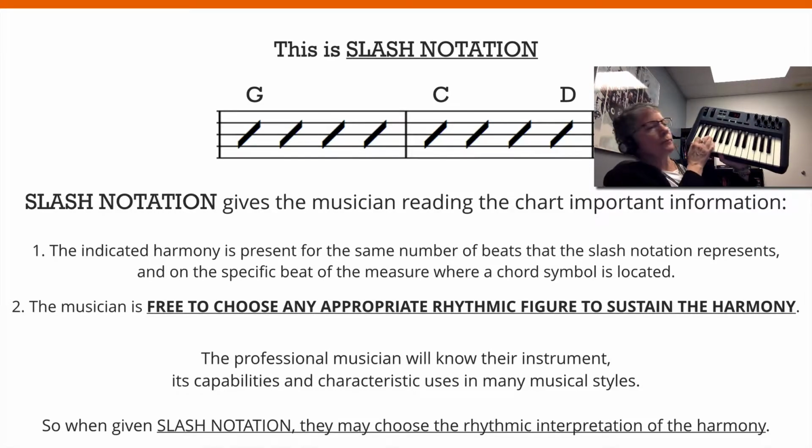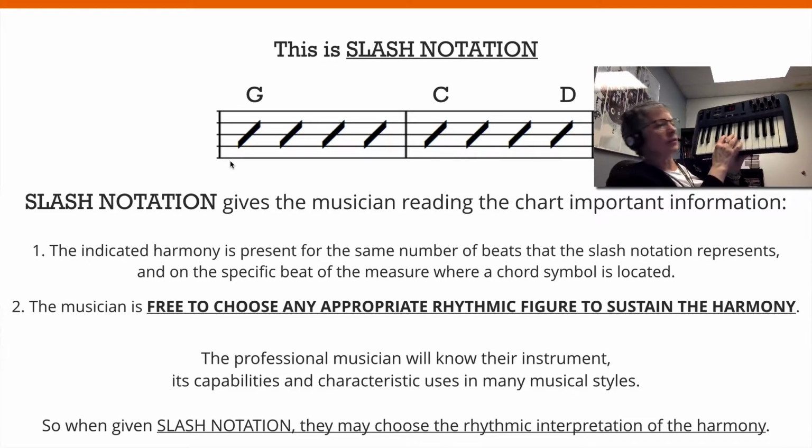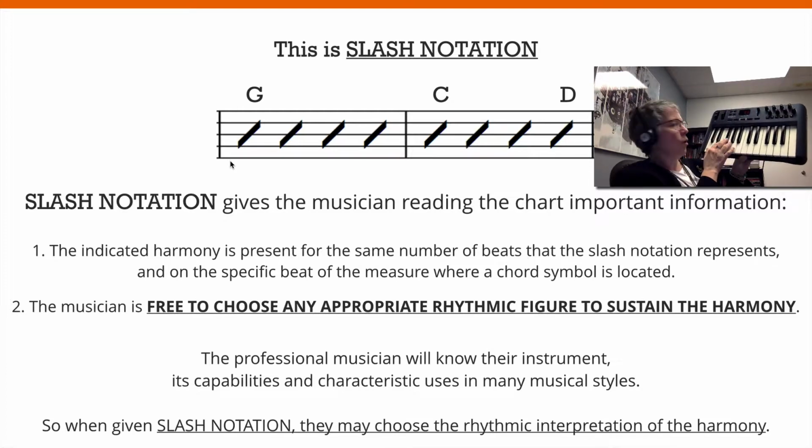For example, 1, 2, second measure, here I go, and 1, 2, 3, 4. I had to play the D right on the money on the 4th beat. So from the beginning of this, I am free to go 2, 3, 4. G, 2, 3, 4. 1, 2, 3, 4.